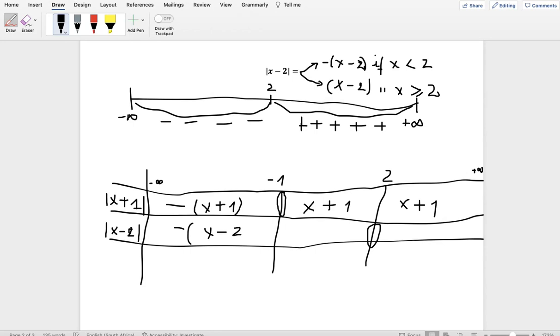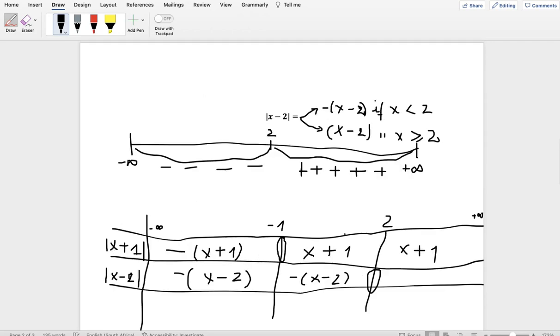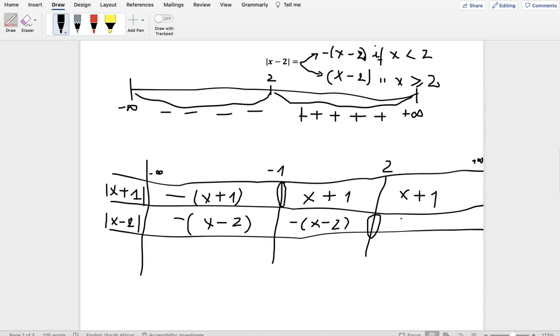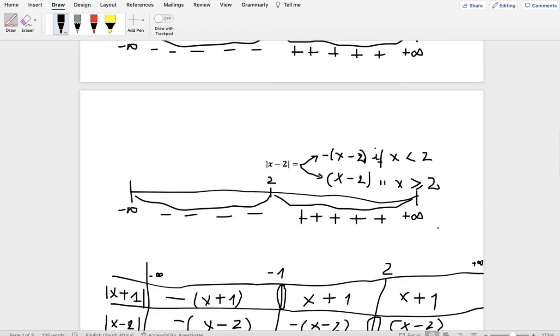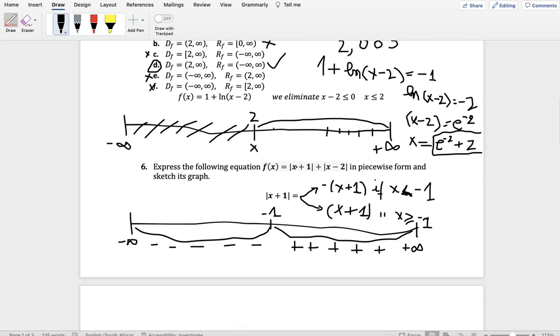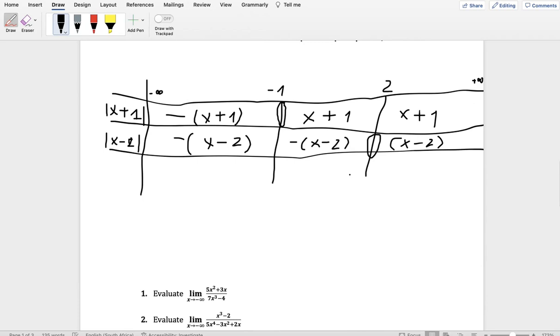And for all the values greater than or equal to 2, we have the absolute value of x minus 2 just equal to x minus 2. And because we're adding the two, it's plus: the absolute value of x plus 1 plus the absolute value of x minus 2.